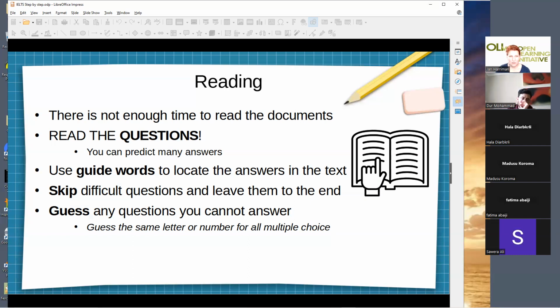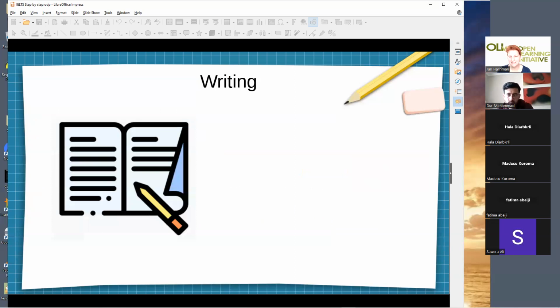Right. Questions about the writing test. What do we do? The most important thing is to plan your writing. Half of the marks are before you even put the pencil down. Half of the marks are understanding the question. Did you understand it completely?